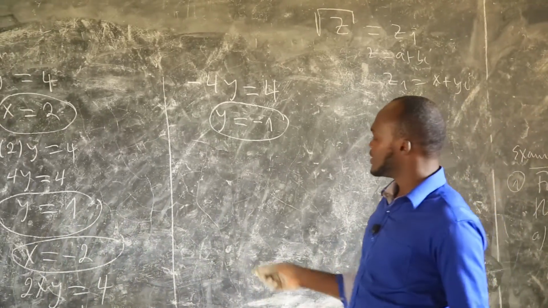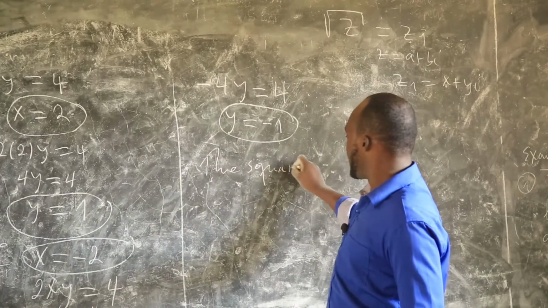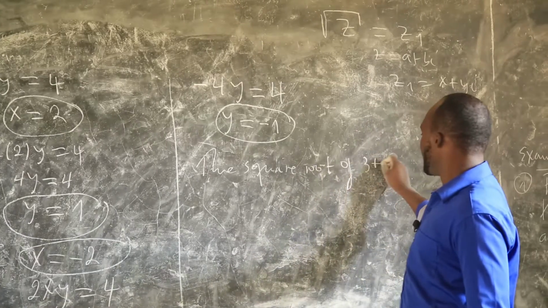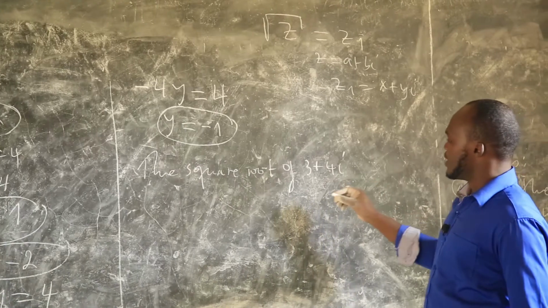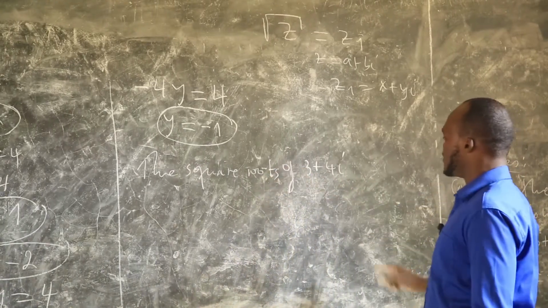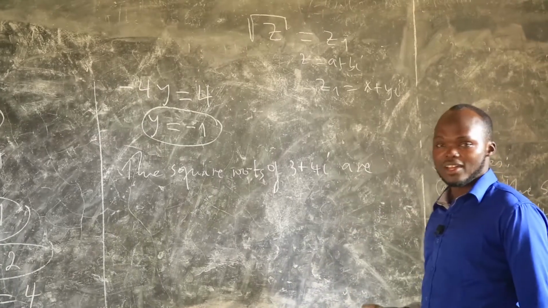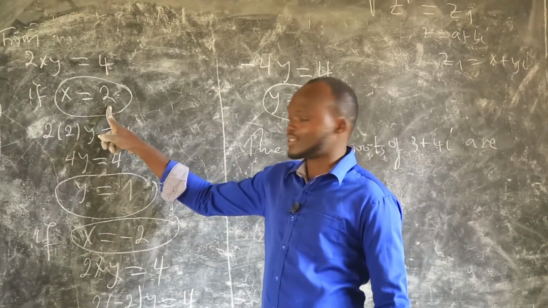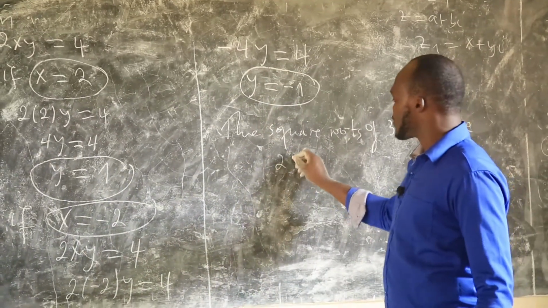So which means that the square roots of 3 plus 4i are, because you have more than 1, the first one is, when x is 2, y equal to 1, are 2 plus i.